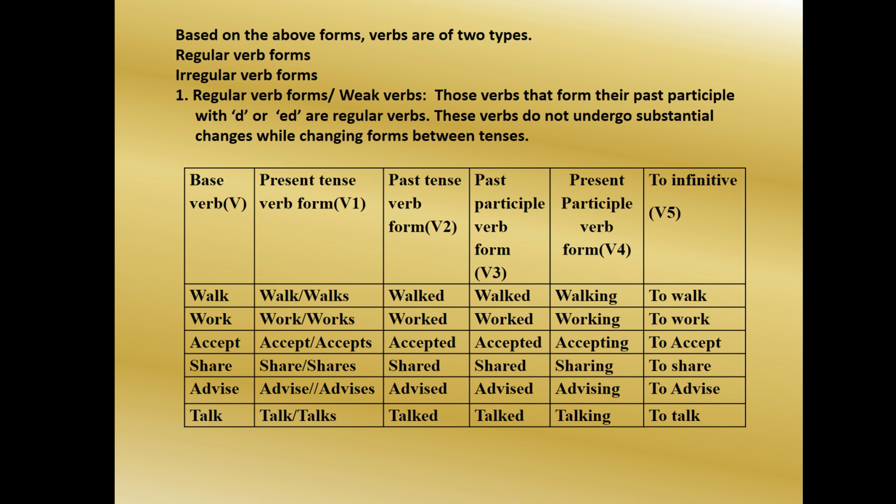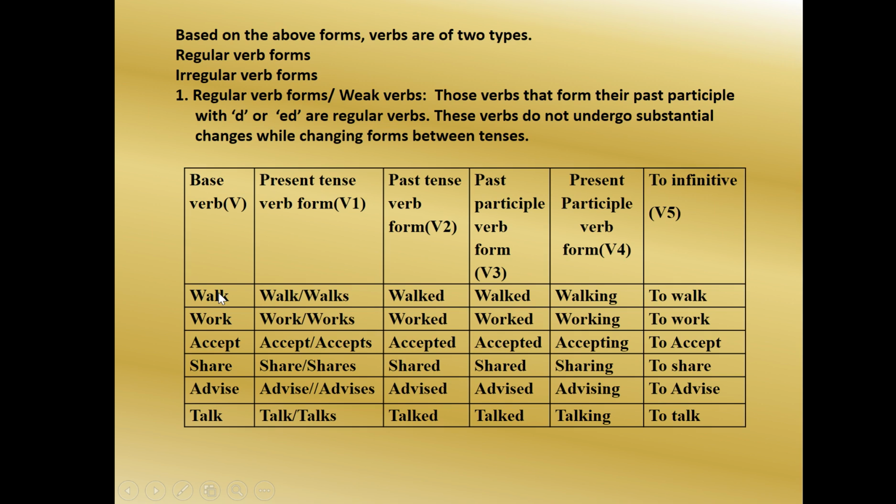So these 5 types we can represent in a tabular form. The base verb is denoted with V, present tense verb form is denoted with V1, past tense verb form is denoted with V2, past participle verb form is denoted with V3, present participle verb form is denoted with V4, to infinitive is denoted with V5. If you take an example, walk is a base verb.